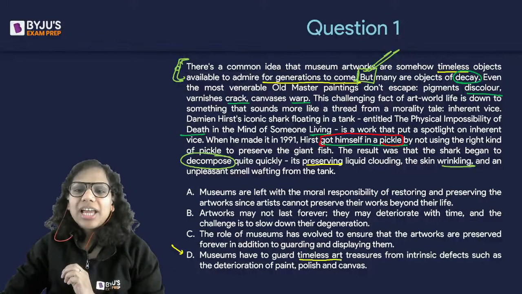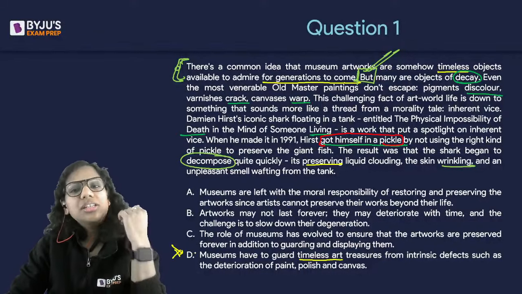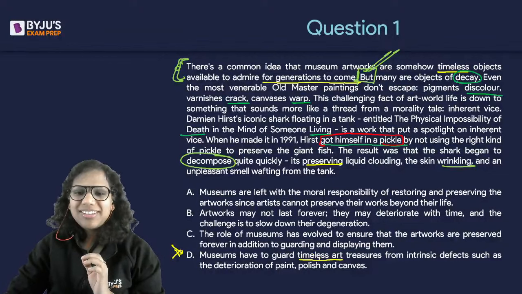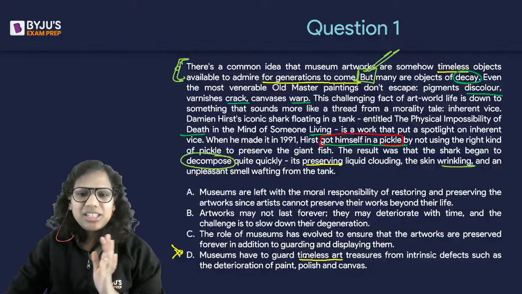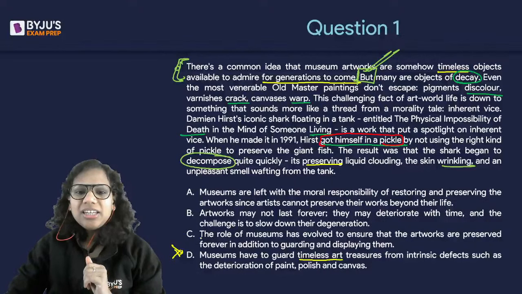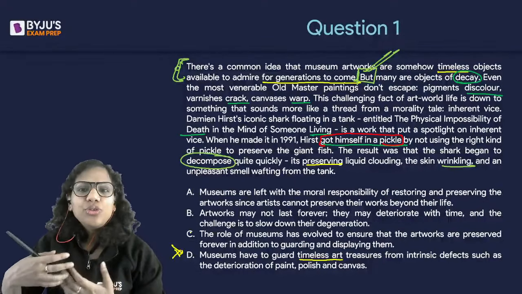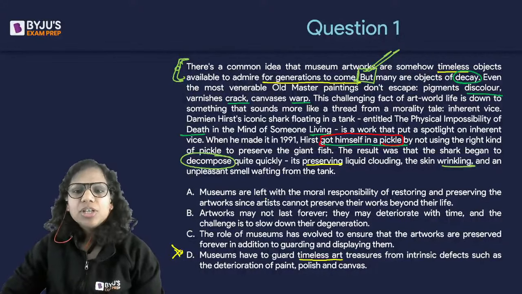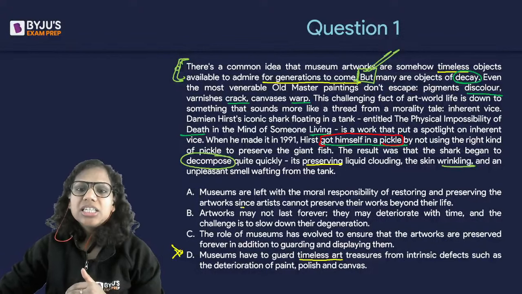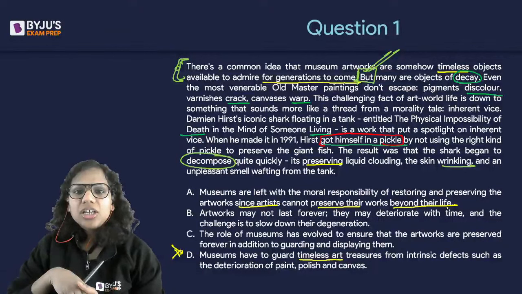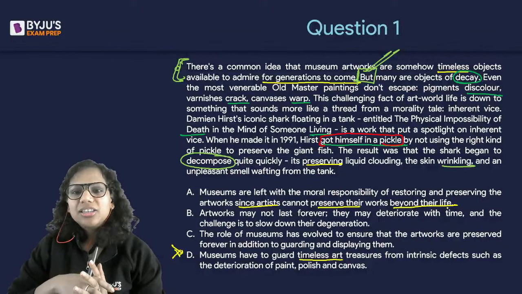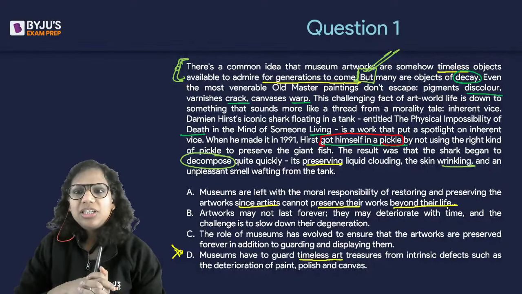Museums have to guard timeless art treasures. No, the author is denying this, that they are timeless, right? So eliminated D. Then A and C talk about the responsibility, the role of museums. Museums are left with the moral responsibility of restoring and preserving the artworks, since artists cannot preserve their works beyond their life. Is this the key idea? Have we talked about this?